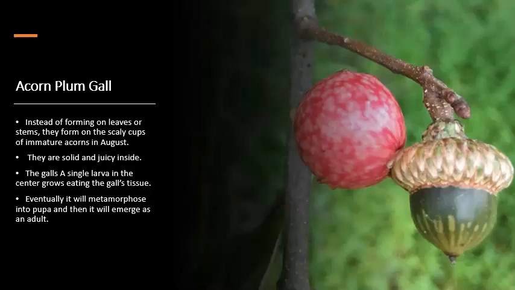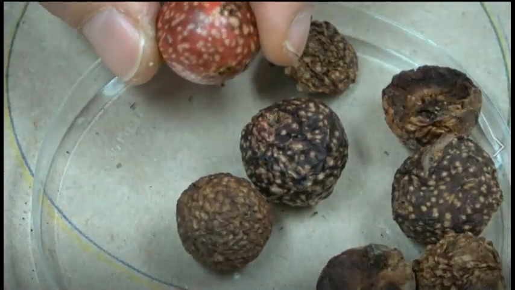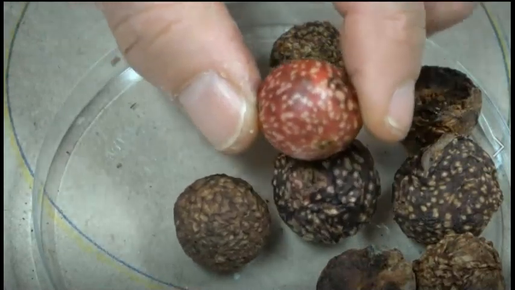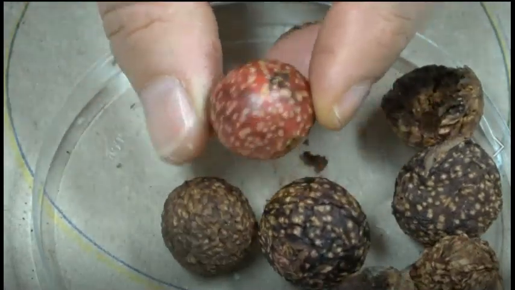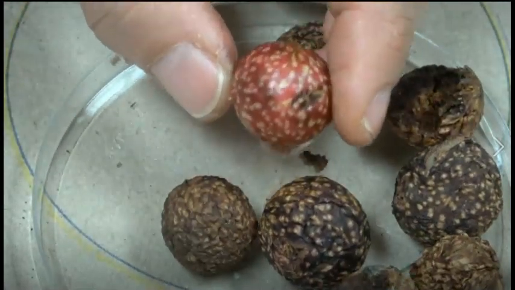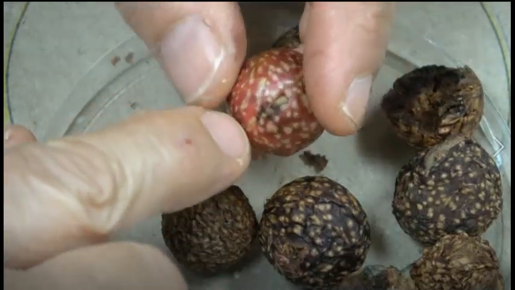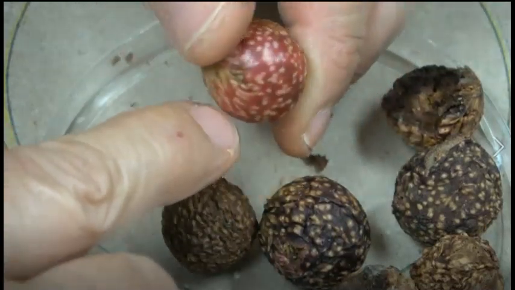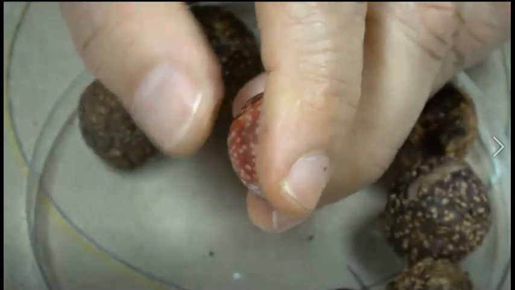And these are acorn plum galls. They're called plum galls because they look like plums. They are solid inside and juicy, and they're quite heavy for their size.